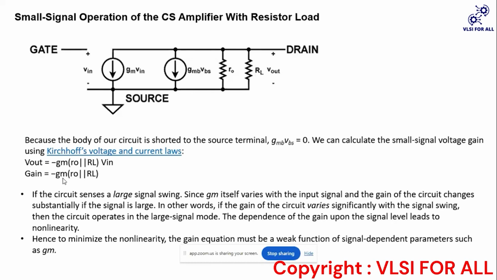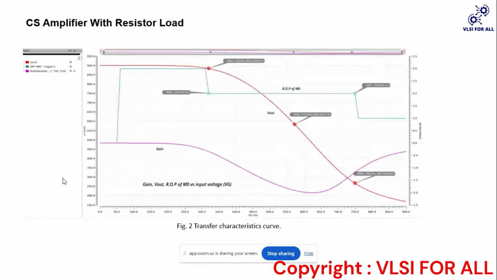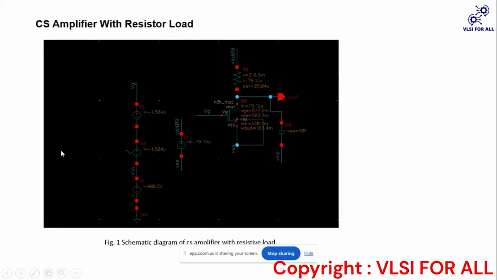We do this because if you see the circuit diagram, if this voltage is increasing or decreasing, the current through this is increasing or decreasing, and the current flowing into the drain divided by the input voltage is the transconductance of the transistor, that is gm.